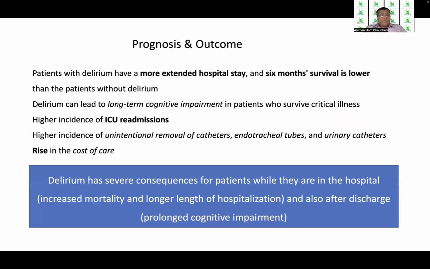So delirium has severe consequences for patients while they are in the hospital, because mortality increases, and the length of stay in the hospital as well as in the ICU increases. And also after discharge, if they have prolonged cognitive impairment, then it is important to follow these patients and see that the root cause gets treated.